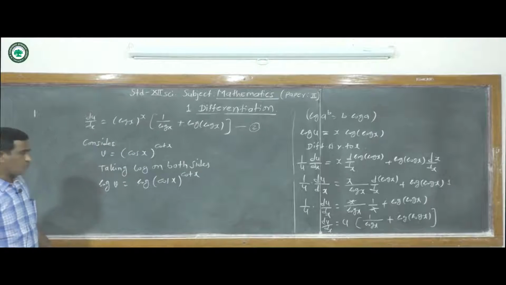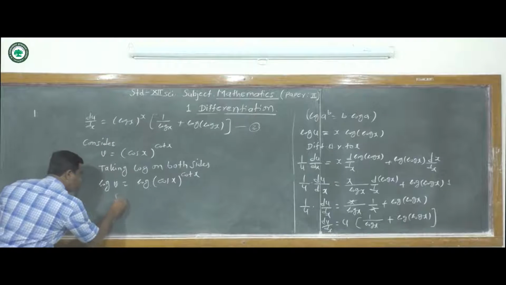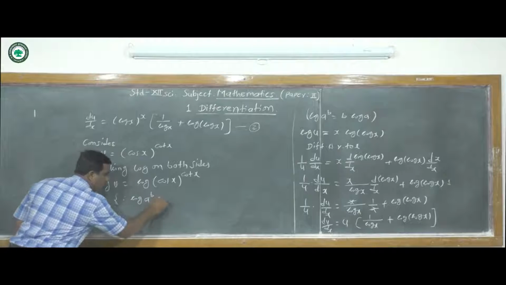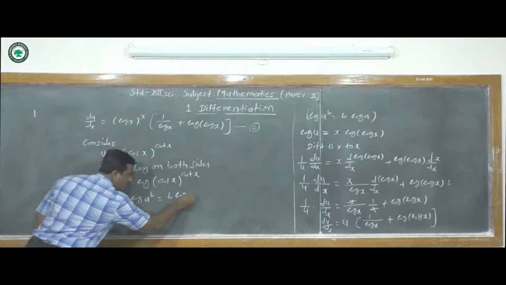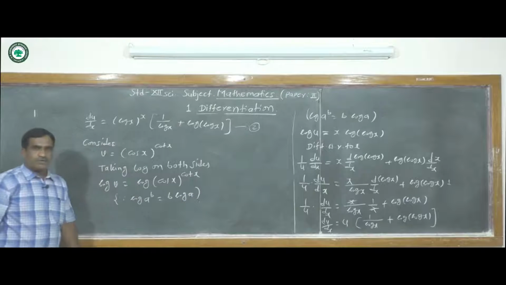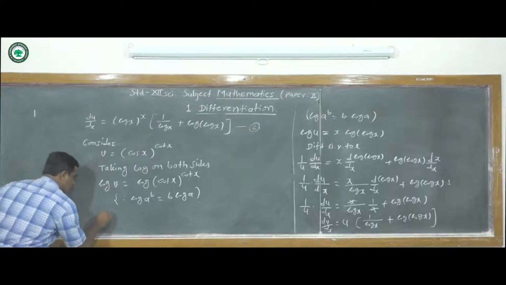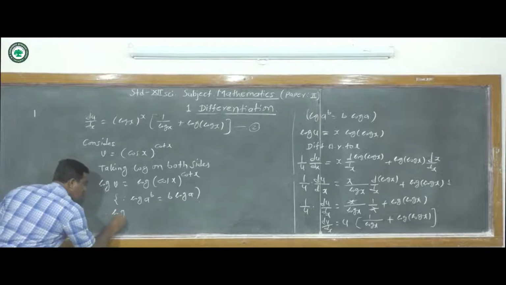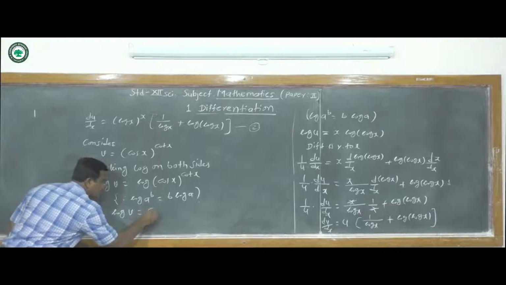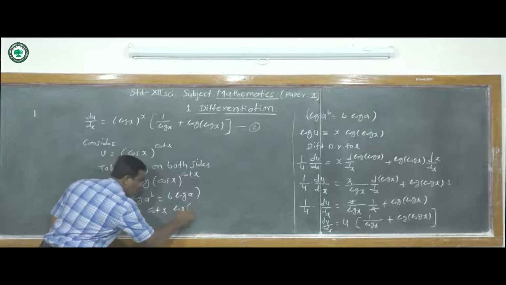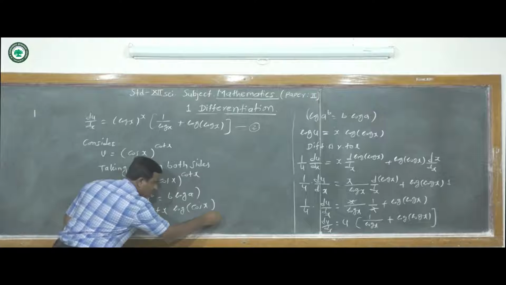Now here also we use the formula, third rule of logarithm, that is log a raised to b equals b into log a. Using this formula, log v equal to cot x into log of cos x.